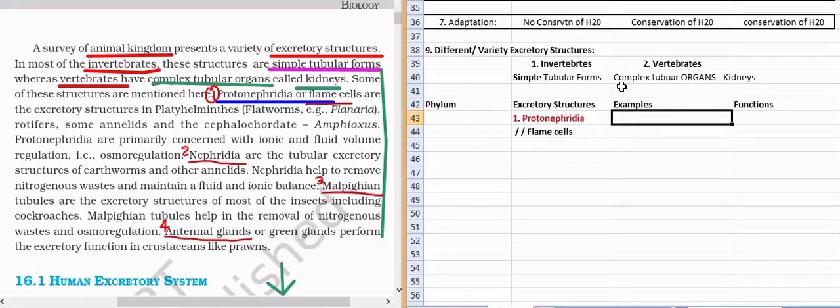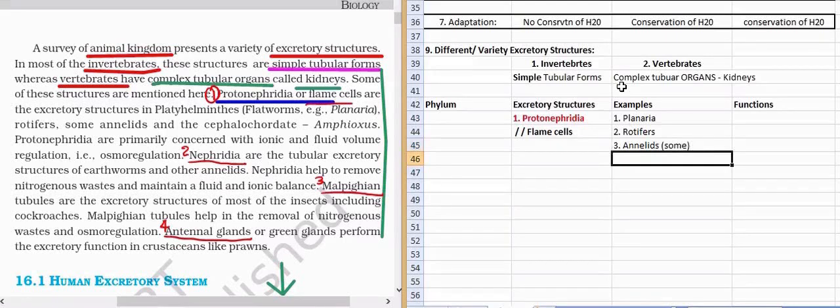What is the first example? Planaria. Second, rotifers. I'll explain what rotifers are. Then annelids.